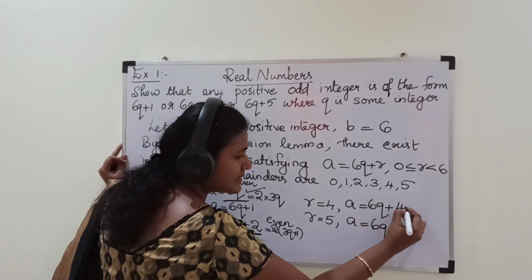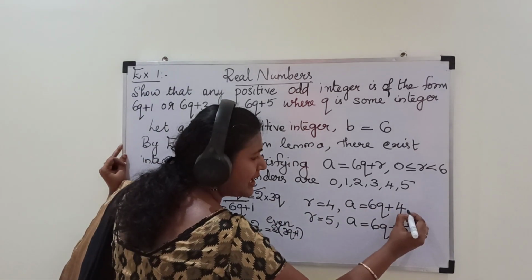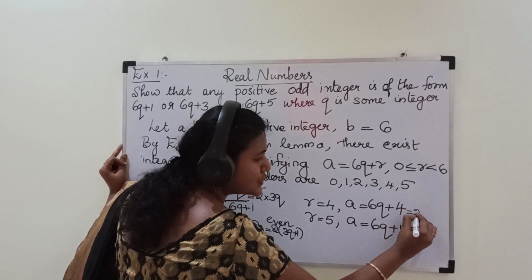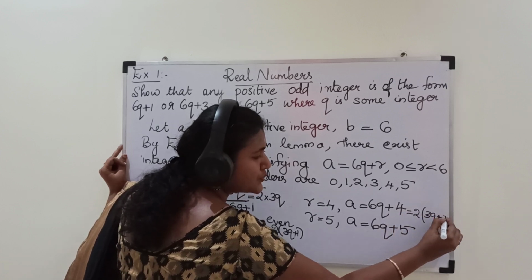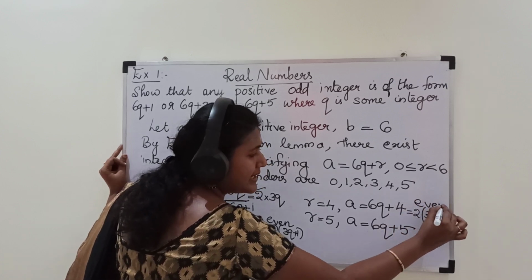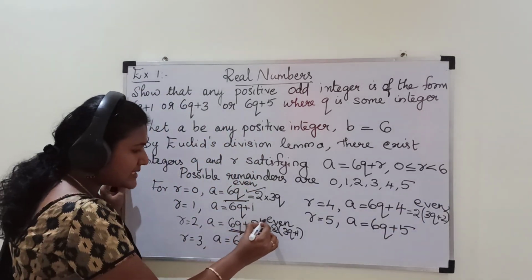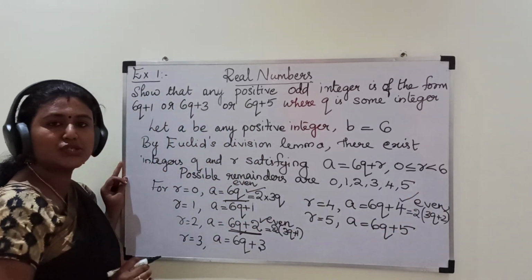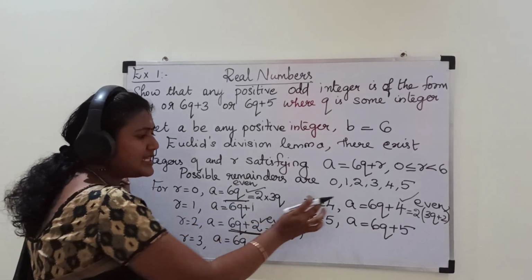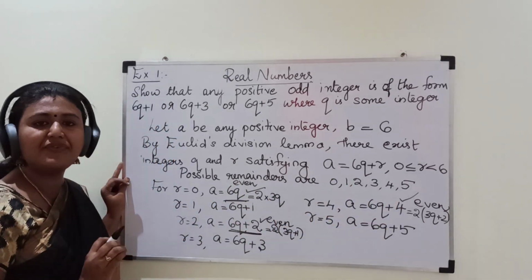Now, for this value of a, again we can write 6q plus 4 as 2 into 3q plus 2. This is also an even number. So out of the 6 values of a, these 3 values are even numbers.